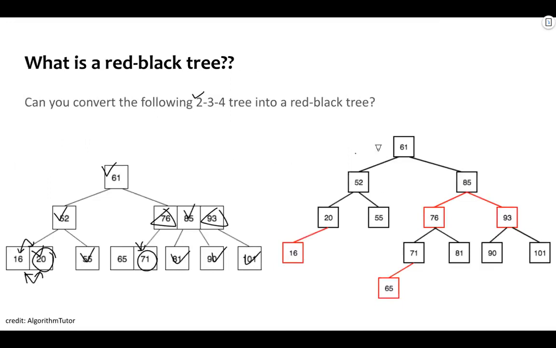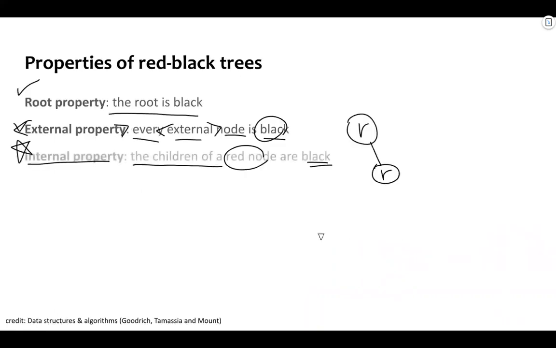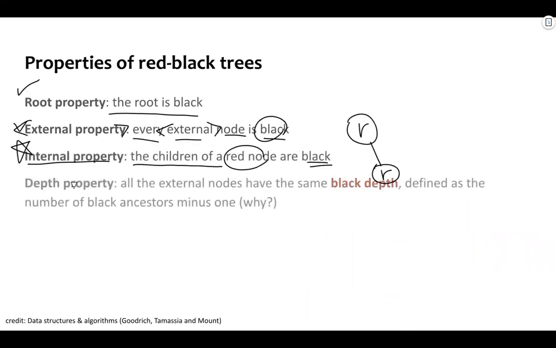As you can see here, after red, there cannot be another red following. However, the sibling can be either red or black. It doesn't matter. So this is the internal property.